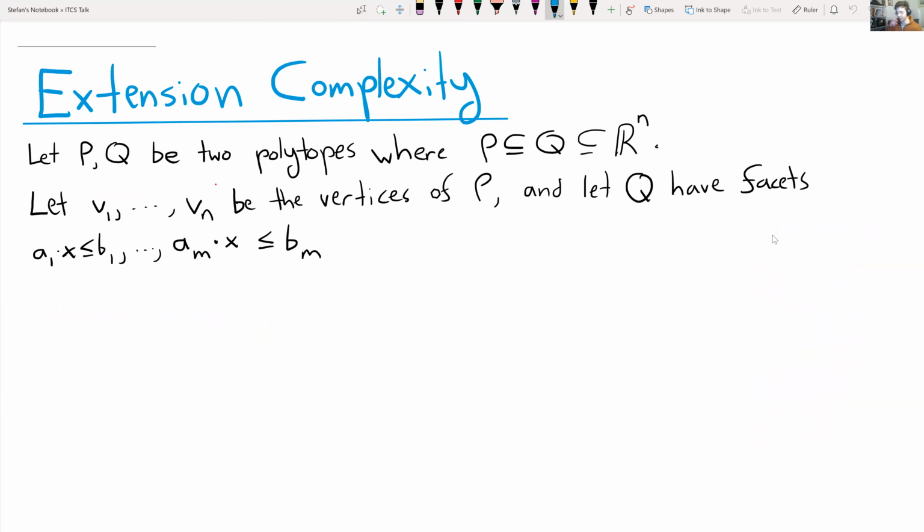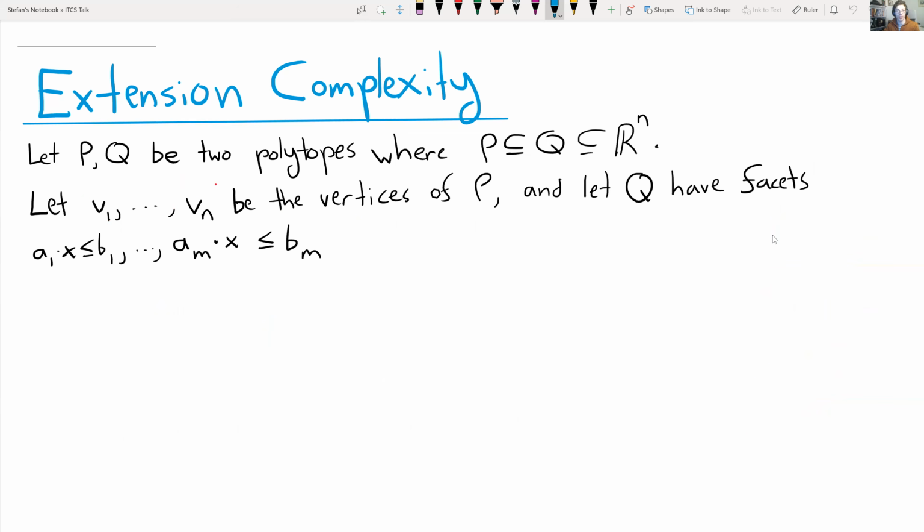So in order to do that, I need to define a matrix, the slack matrix, where for, again, our 2 polytopes P and Q, P contained in Q, we'll have the vertices of P, V1 through Vn, and the defining facets of Q, A1 x less than or equal to B1 up to AM x less than or equal to BM.